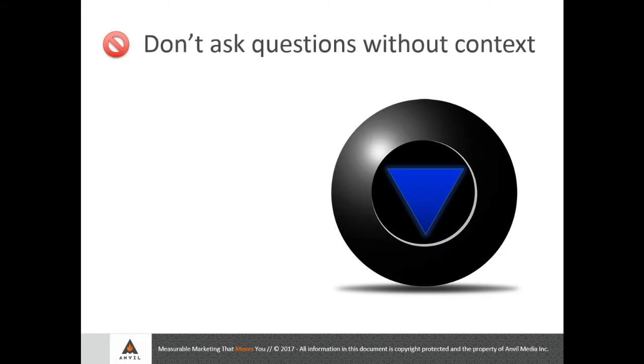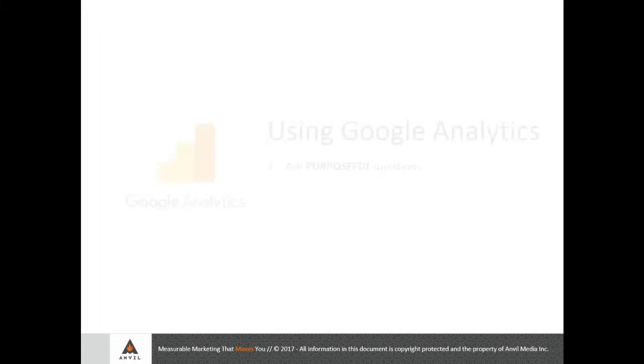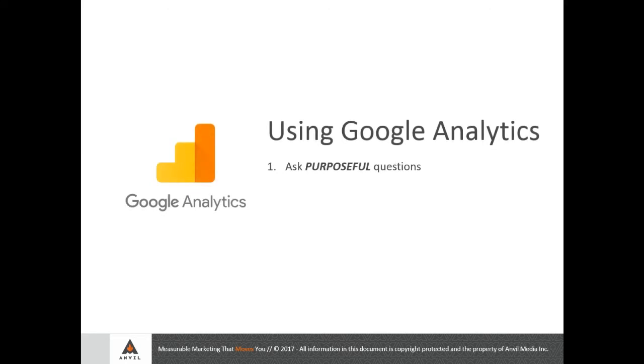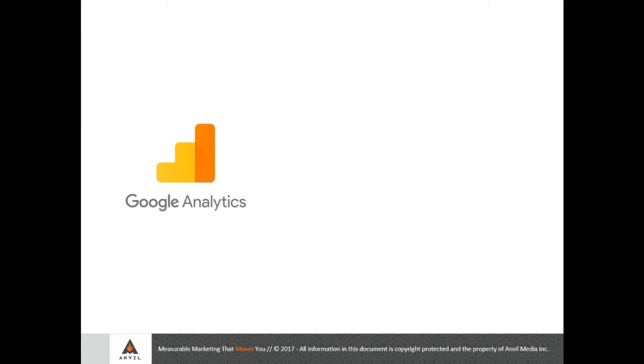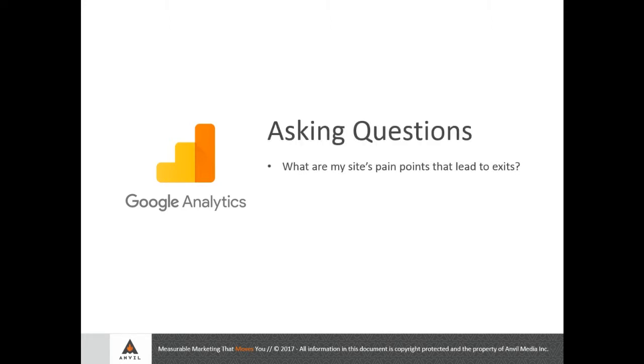Because the first rule of Google Analytics Club is don't ask questions without context. Asking a question in Google Analytics without context is kind of like asking the Magic 8 Ball, will the next answer be yes? Well, maybe. So the first rule of using Google Analytics is essentially ask a purposeful question.